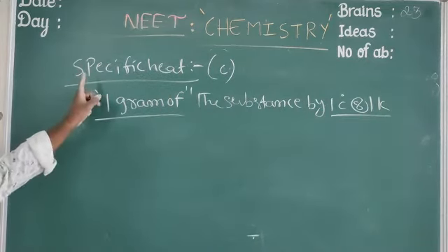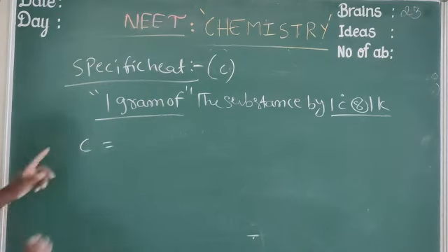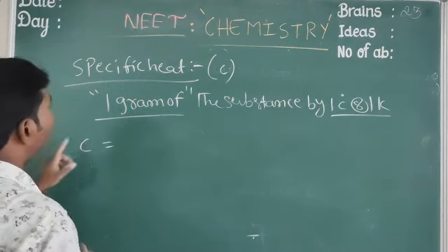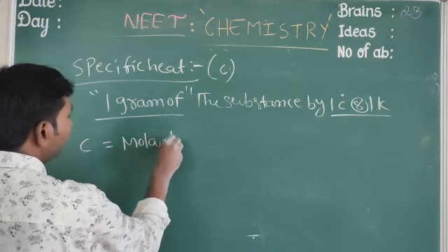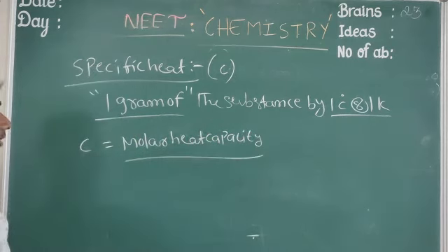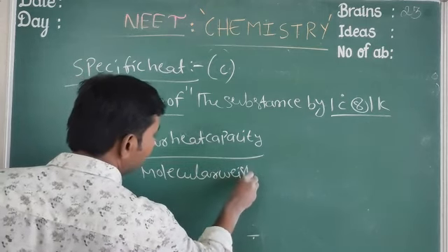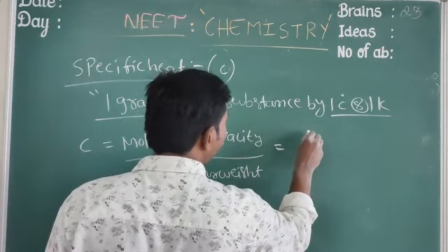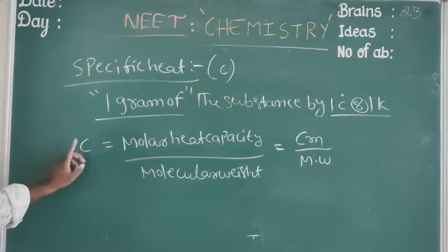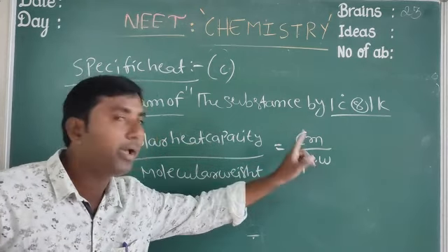This is called specific heat capacity. So specific heat capacity, small c, equal to molar heat capacity Cm by molecular weight, MW.